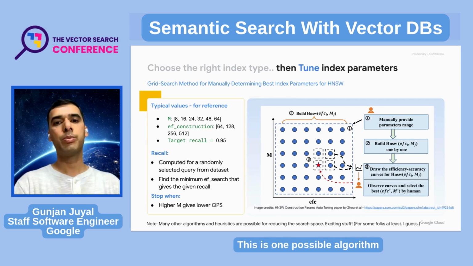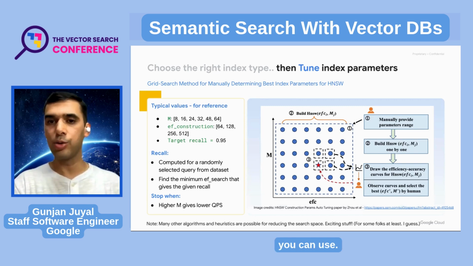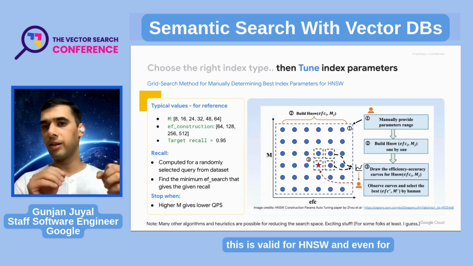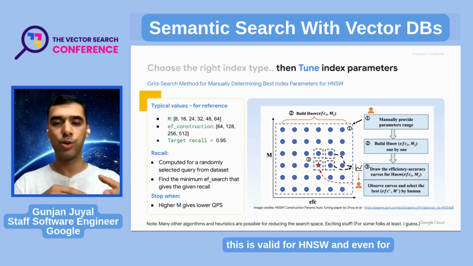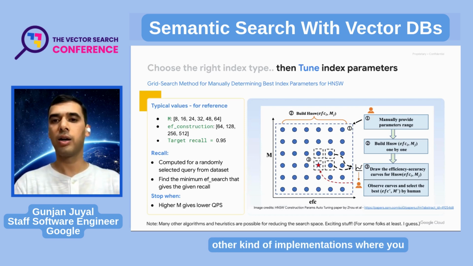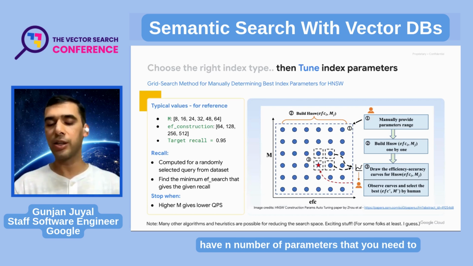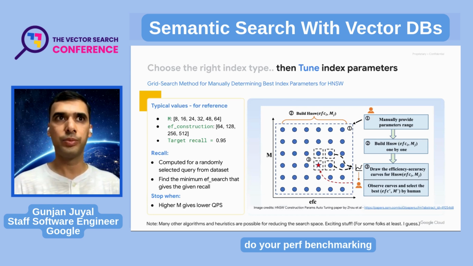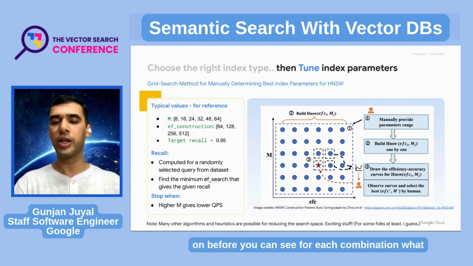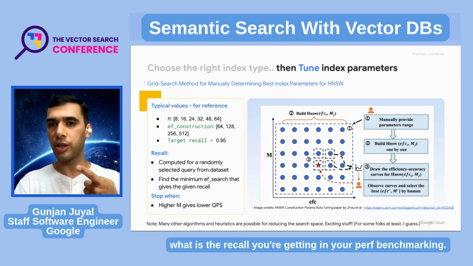This is one possible algorithm you can use. Again, this is valid for HNSW and even for other kinds of implementations where you have n number of parameters that you need to do your perf benchmarking on, to see for each combination what is the QPS you're getting, what is the recall you're getting.